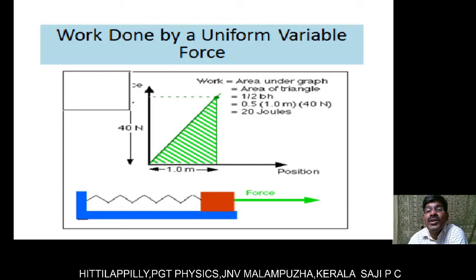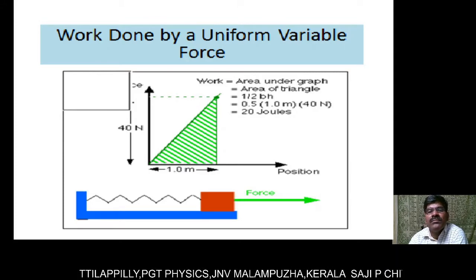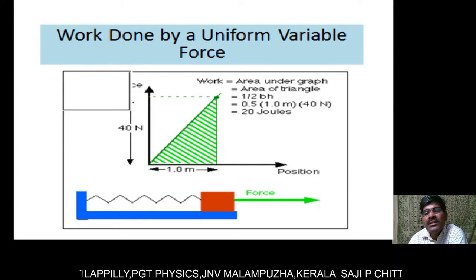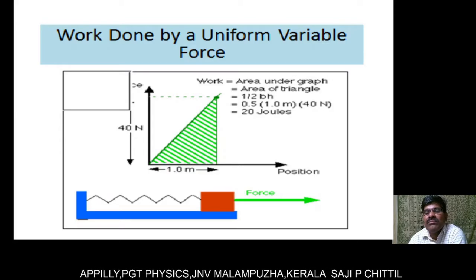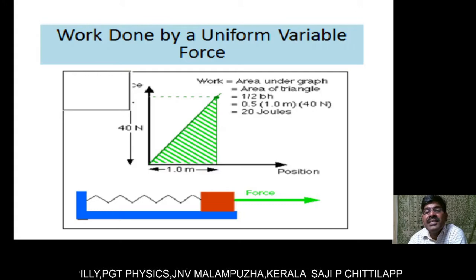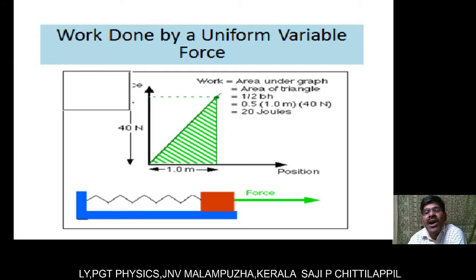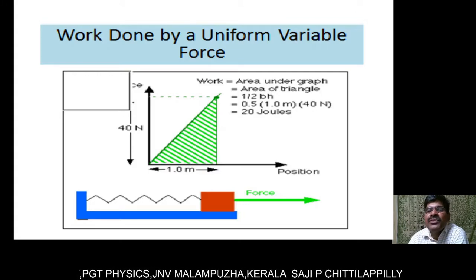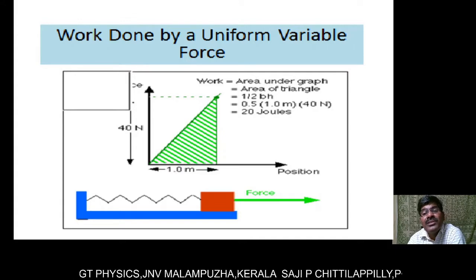And how can we find the work done? Again, it is the area under the graph. When you calculate the area, we'll get a triangle, and half base into altitude. From that formula, we are able to calculate the work done.